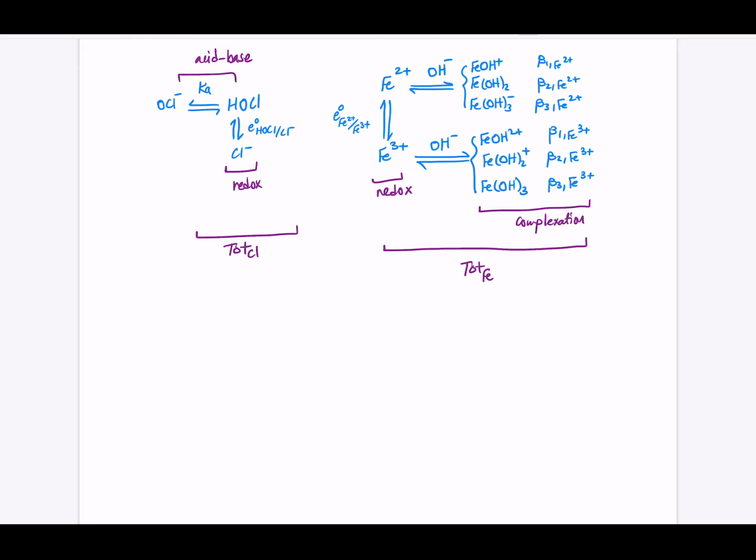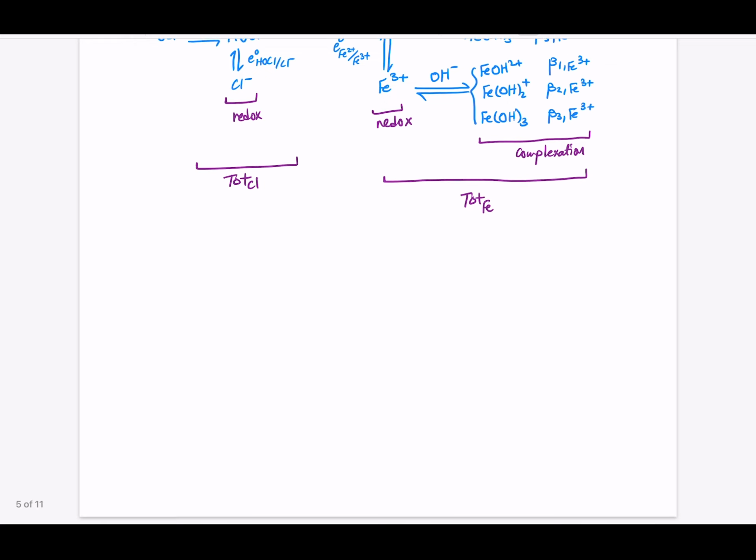So they're not interconnected. For example, Fe is not reacting with any of the species involved in the other branch. In reality, or maybe in the exam, they also might coexist, for example, Fe with Cl. Then the two branches are connected together, and it would be a little bit more involved.